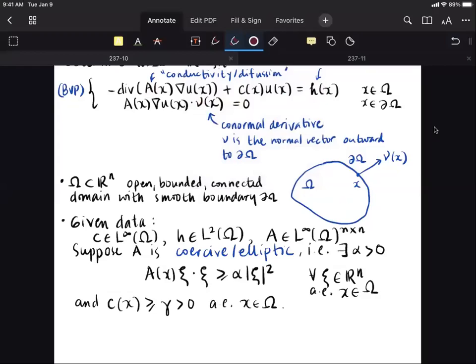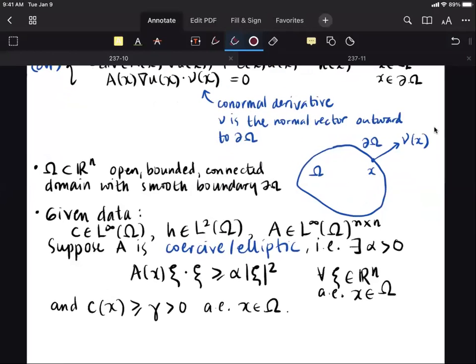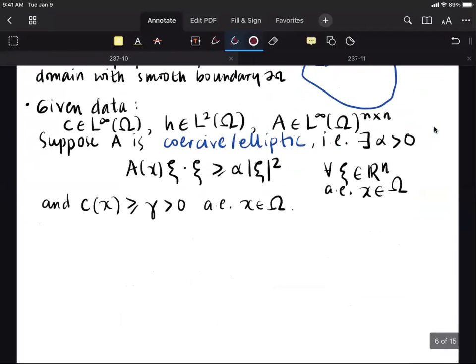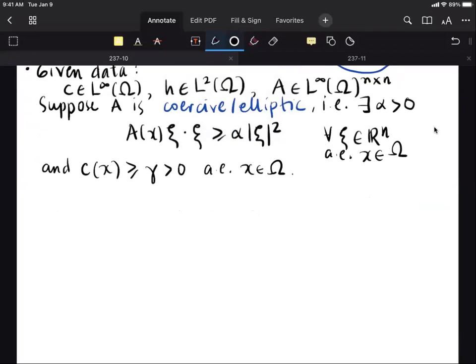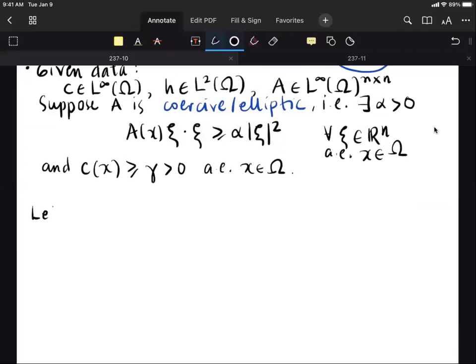Now, suppose I have a solution u that satisfies this boundary value problem. So supposedly u is continuously twice differentiable up to the boundary, and suppose that this satisfies the boundary value problem. Okay.